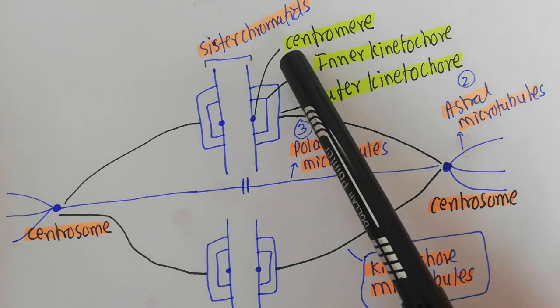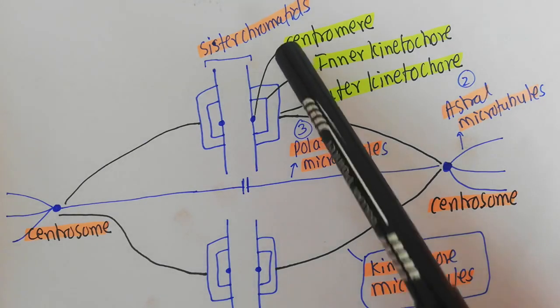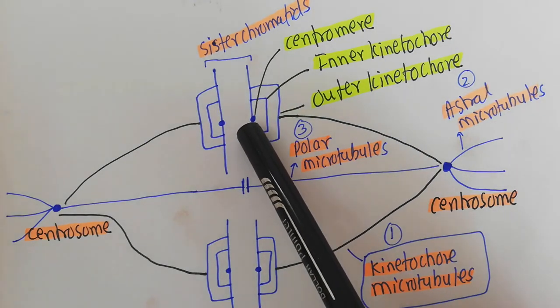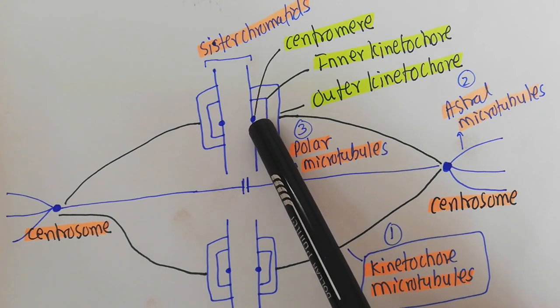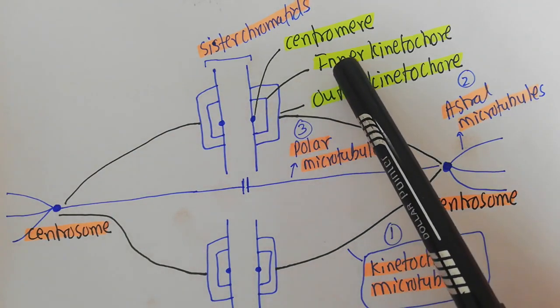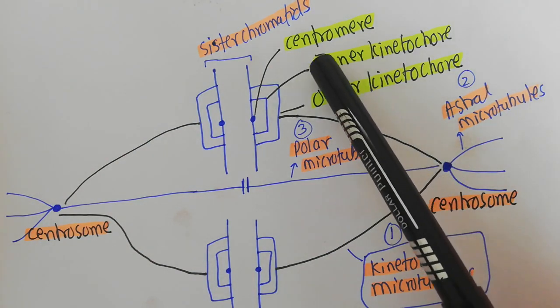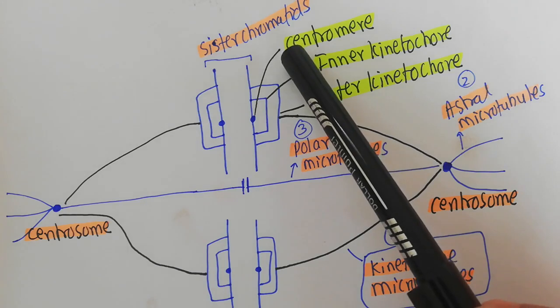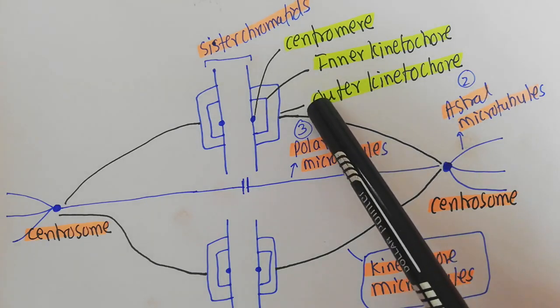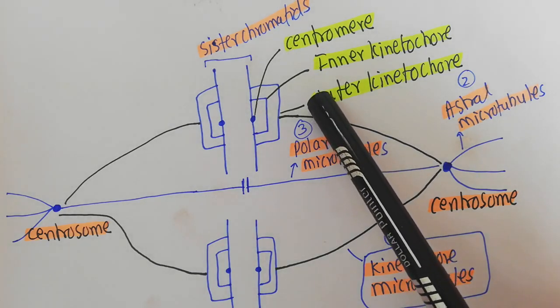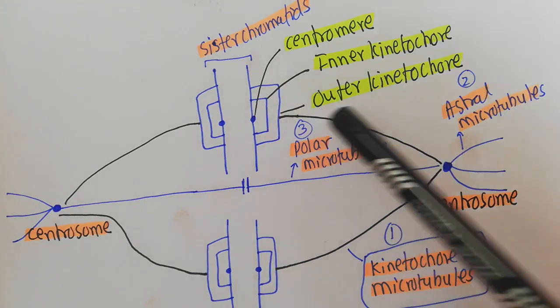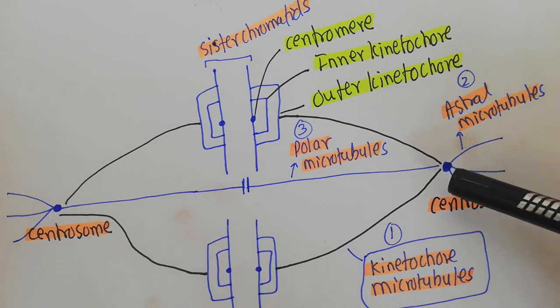The centromeres are sequences of DNA. To these centromeres is attached a protein complex, the kinetochore protein complex. We divided the kinetochore into the inner kinetochore and the outer kinetochore. The inner kinetochore was in direct interaction with the centromere. The outer kinetochore was interacting with the microtubules originating from this centrosome.